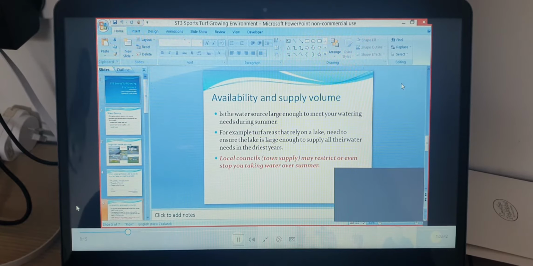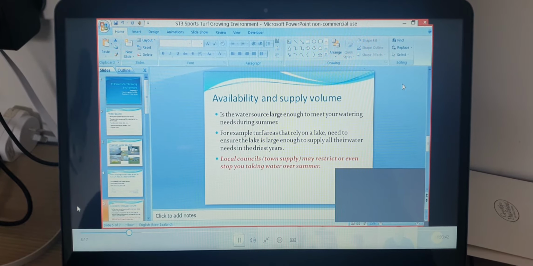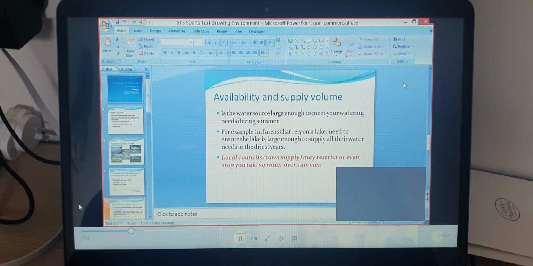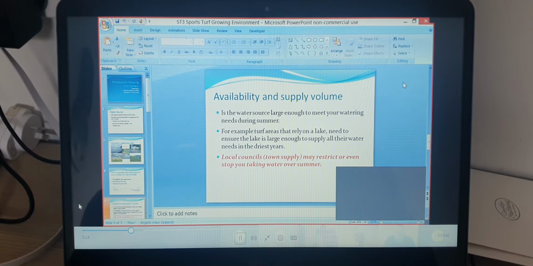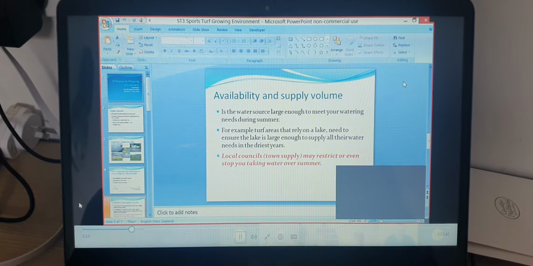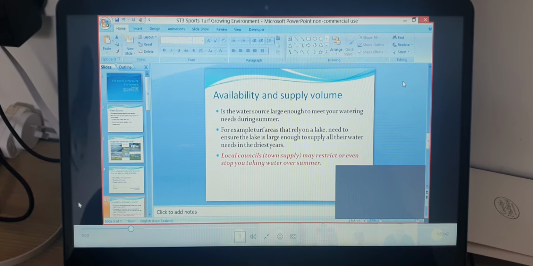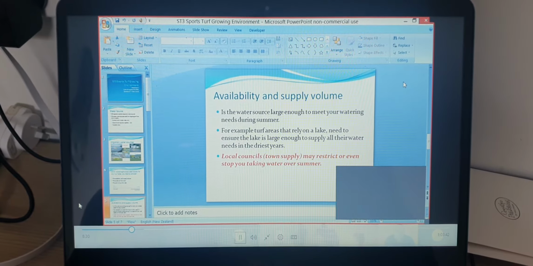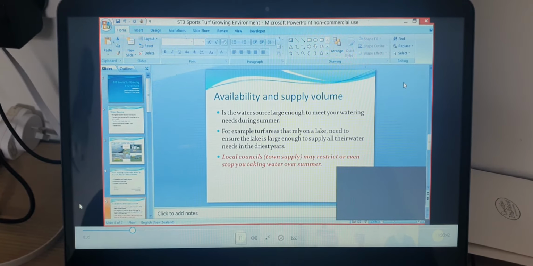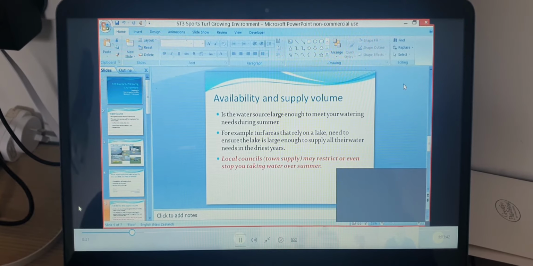Availability and supply volume. Critical factors here is that, and I chatted about it briefly, that you have sufficient volume, and especially during summer. For example, turf areas that rely on a lake need to ensure that the lake is large enough to supply all the water needs in the driest years.